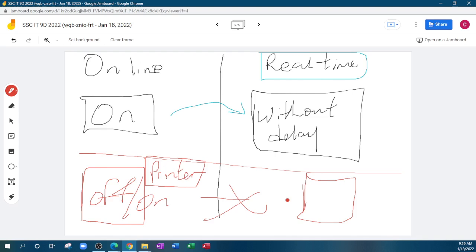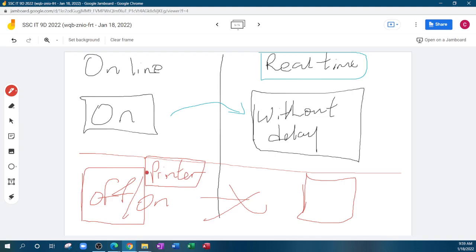If you send a lot of documents to your printer, that's going to build up and it's going to take some time to print that information. So it is not real time. You don't get the information right away out of it. You have to wait. So if a device is real time, it is going to be online because the device must be on in order for you to process data.